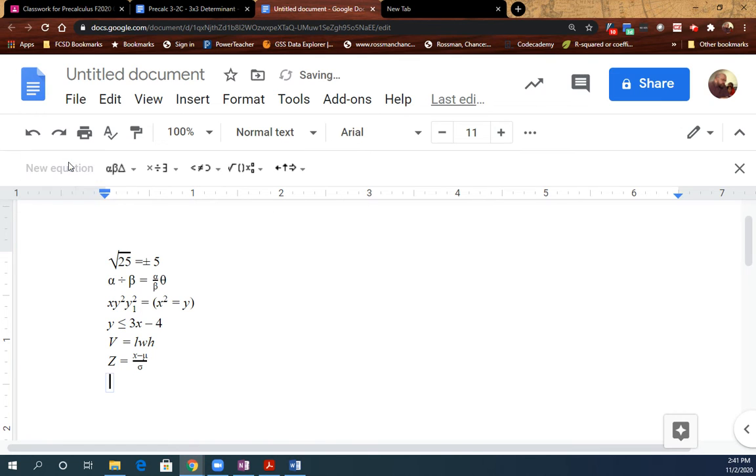New equation. So standard deviation, which would be sigma.